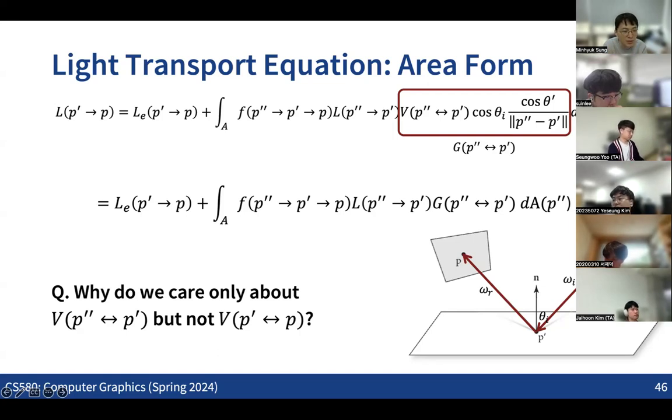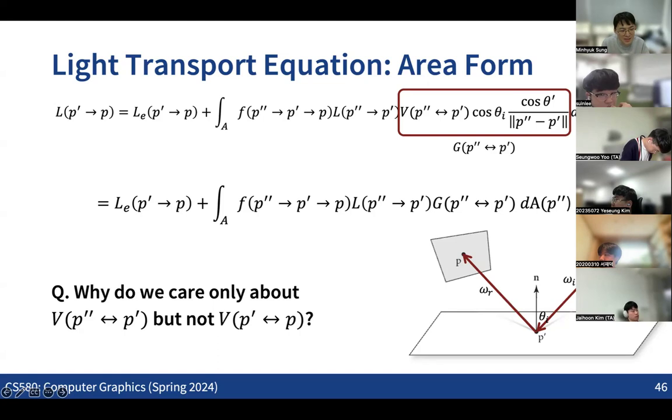Then we calculate the reflection at P prime by considering all the other rays from P double prime. We are calculating the reflection at P prime because that was the first intersection point from P, which should be a visible point from P. If it was not visible, then we would obviously have another intersection point, and we would calculate the reflection at that point. So that's why we don't need the visibility term between P and P prime, right? That makes sense.